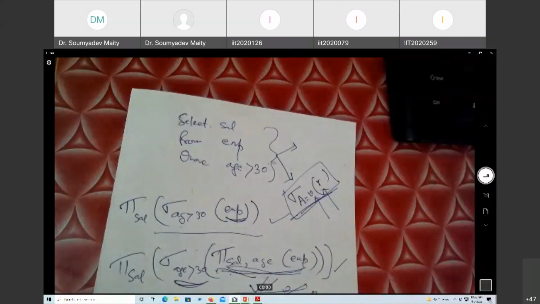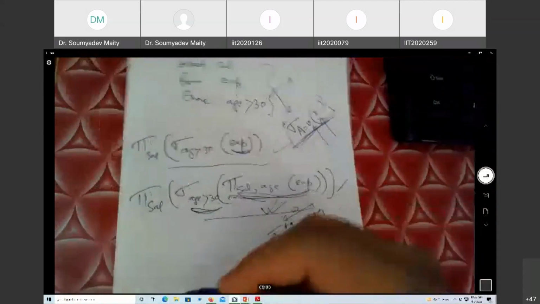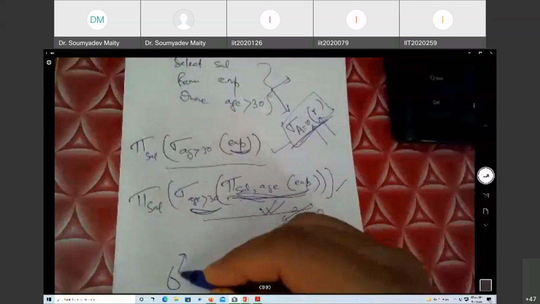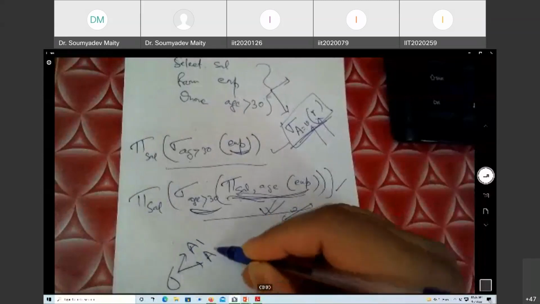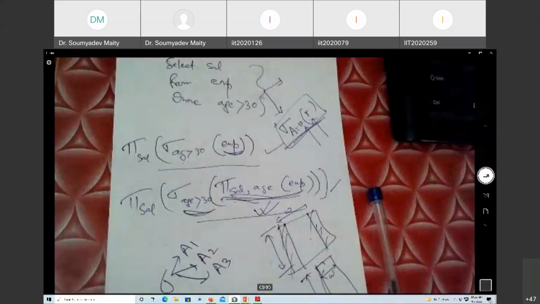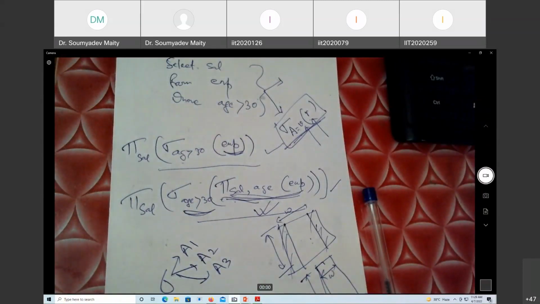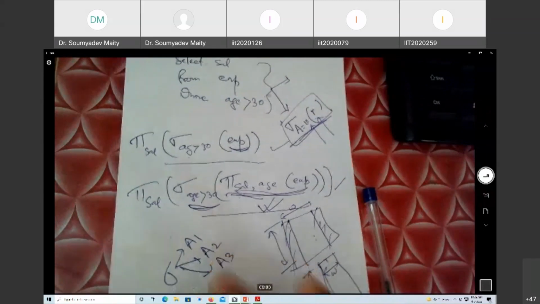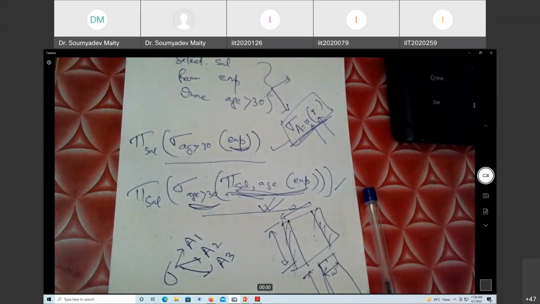There are multiple algorithms available to implement sigma. You have algorithms A1, A2, A3, like you have studied in operating systems that there are multiple CPU scheduling algorithms and memory management algorithms. In computer networks, there are multiple routing algorithms. Similarly, to implement sigma, you have multiple options available and none is universally optimal.